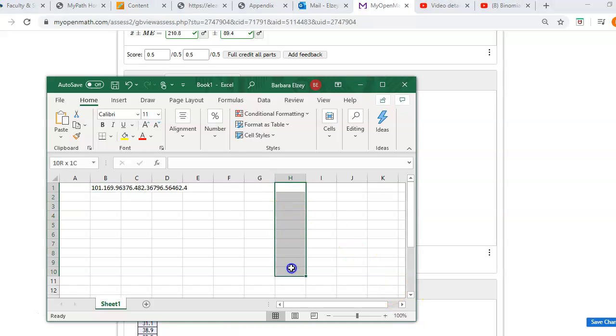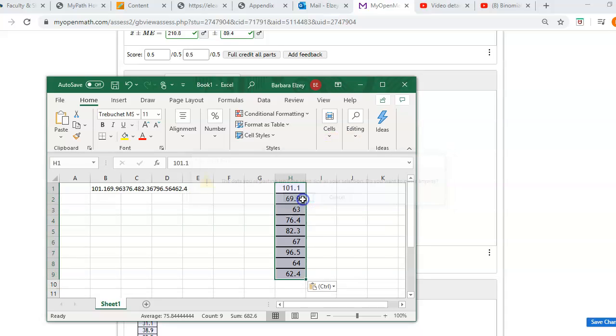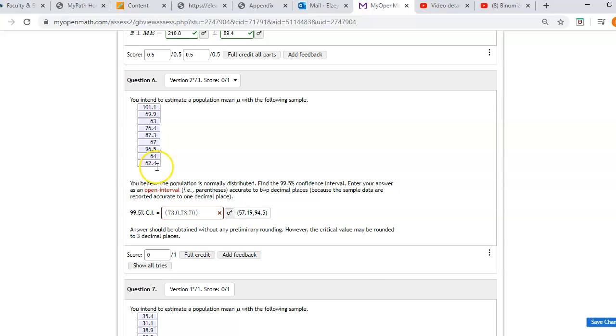Now it went. I don't know why it was weird the first time. Okay, so I always check and make sure I got the last piece of data and the first piece of data, so we got all of it, and we do.